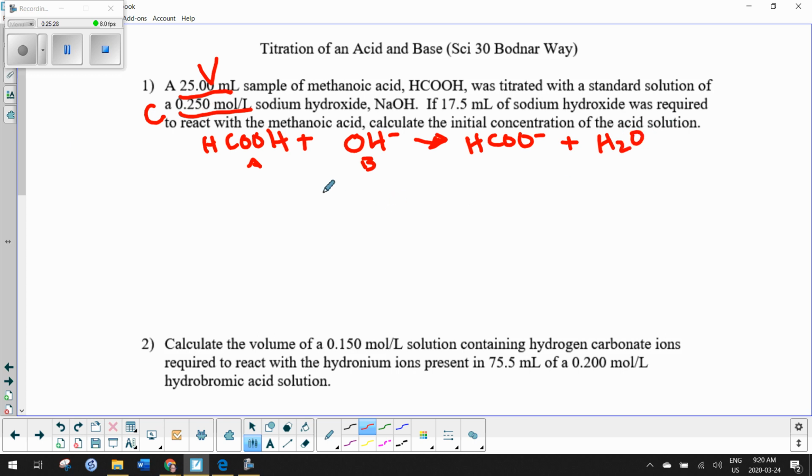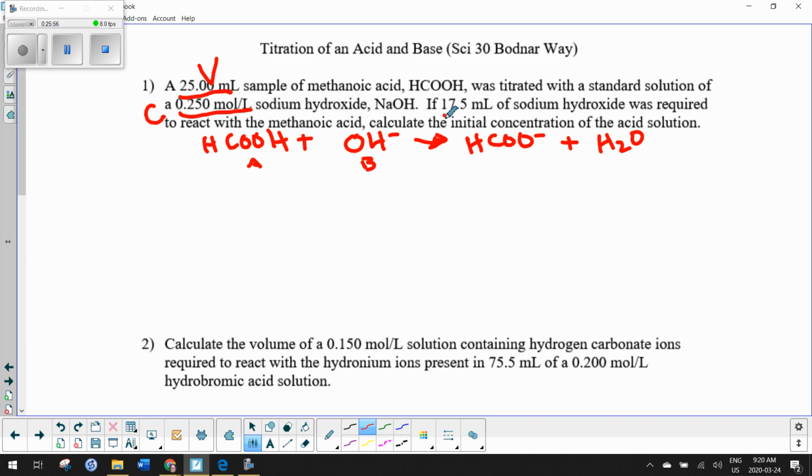Okay, so it should be balanced. 1, 2, 3 H's, 1, 2, 3 H's, 3 O's, 1, 2, 3 O's, 1 C, 1 C. 1 negative, 1 negative, we're good. Which means we have a 1-to-1 ratio of acid to base. So this is why the Bodner way works, because you always have a 1-to-1 ratio for Science 30.